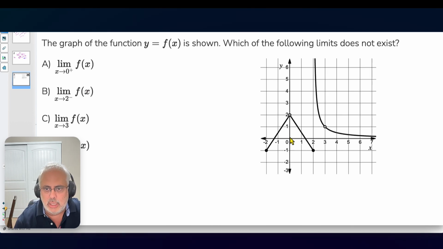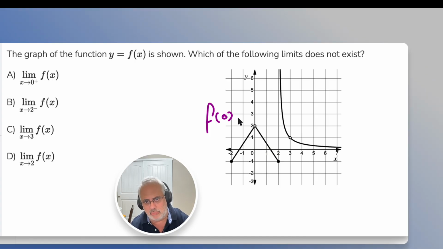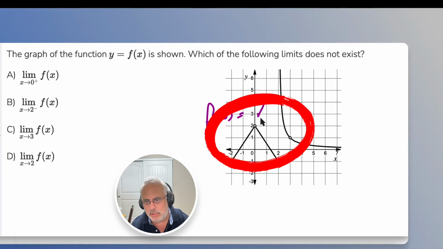It's right here. And we do not worry about what happened at f of 0, because I know f of 0 here is 2. No, f of 0 here is undefined. We can see a hole right here.